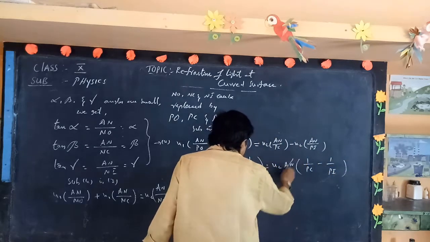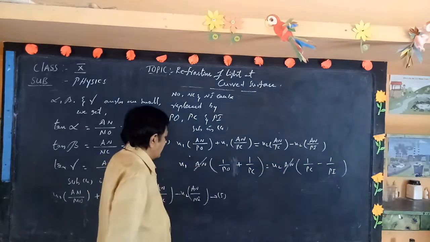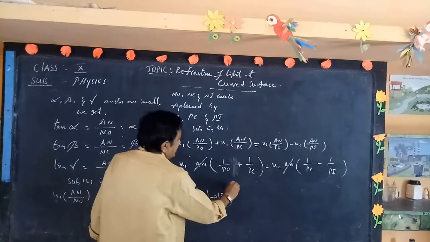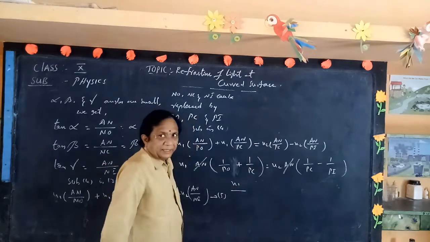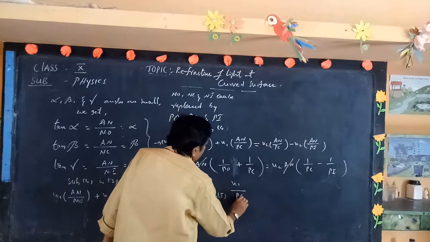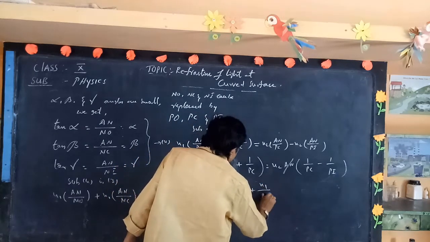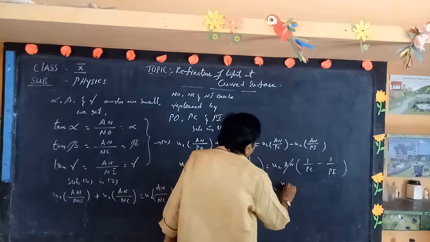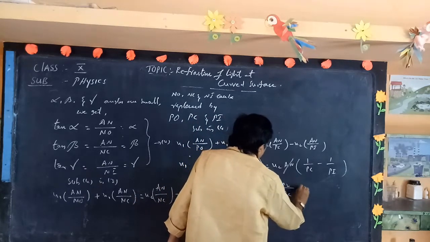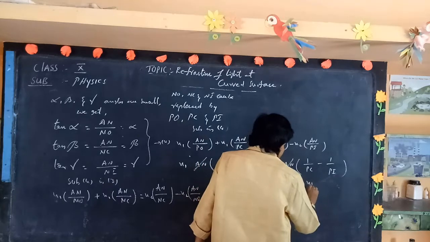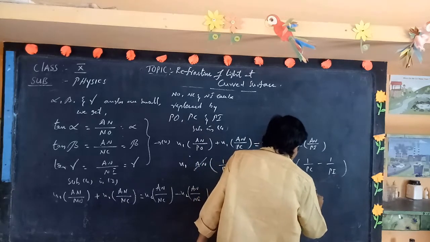Like that to consider. Here an gets cancelled. Now what do you get? n1 by PO plus n1 by PC is equal to n2 by PC minus n2 by PI.